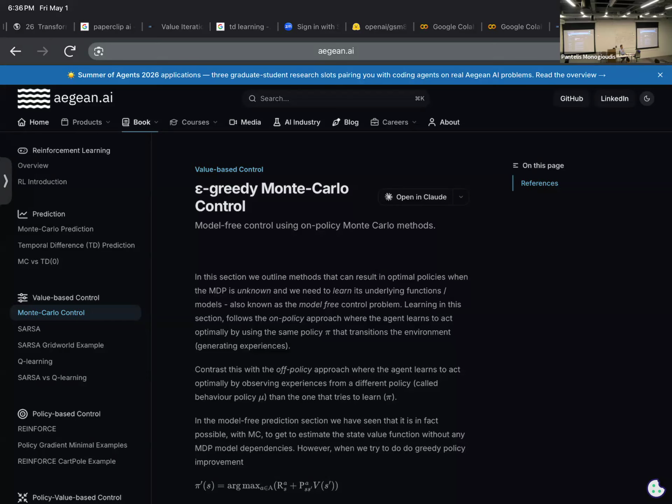Now we will see the control setting, which is the control stage, equivalent to the value iteration and policy iteration we've seen in the MDP. Here we will learn how to act optimally. Before, we just did evaluation.